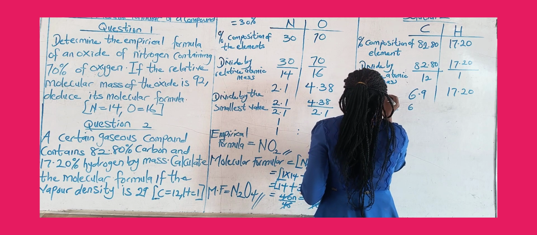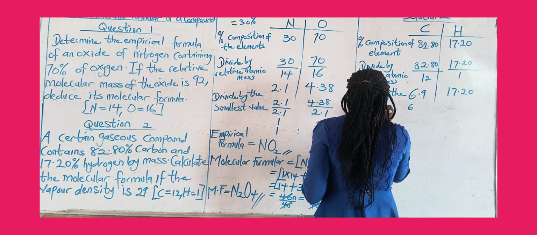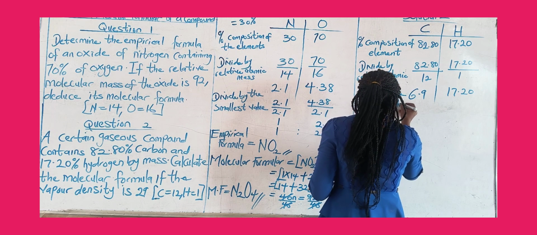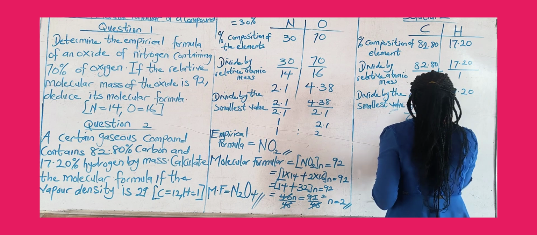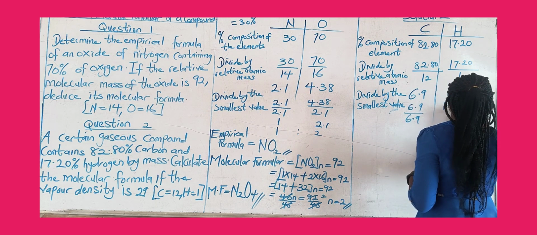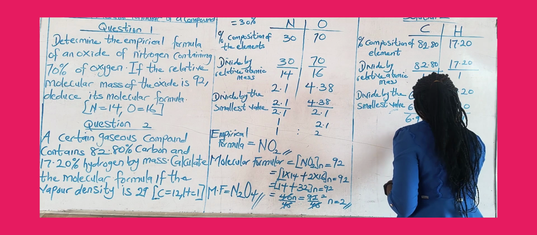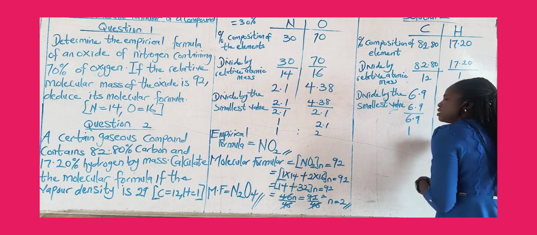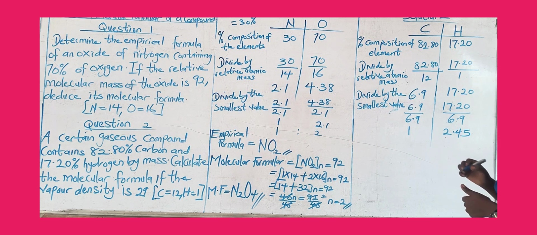Divide by the smallest value: 6.9 divided by 6.9, and 17.20 divided by 6.9. So this one gives us 1, and this one should give us around 2.5. Yes, you should have 2.5.